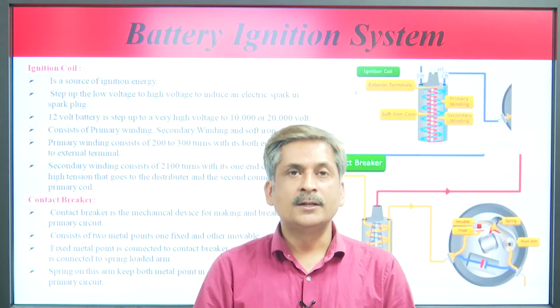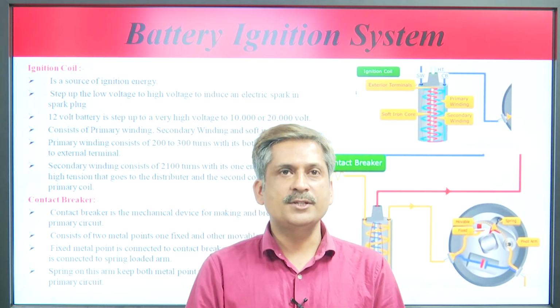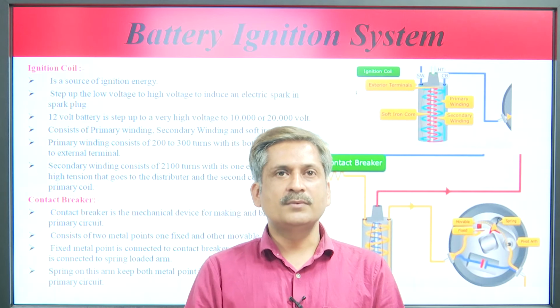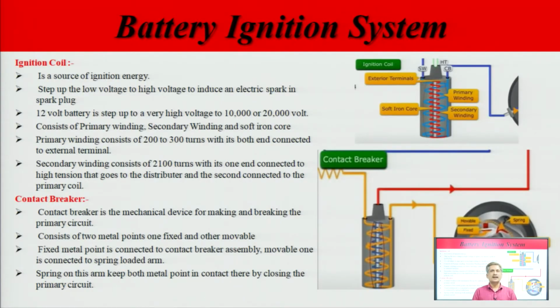The ignition coil is the source of the ignition energy. It steps up the low voltage to a high voltage to induce an electric spark in the spark plug. The 12 volt battery is stepped up to a very high voltage, 10,000 to 20,000 volts, because the number of turns are different.